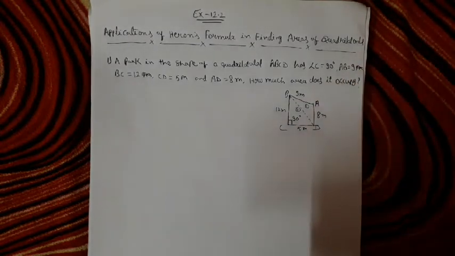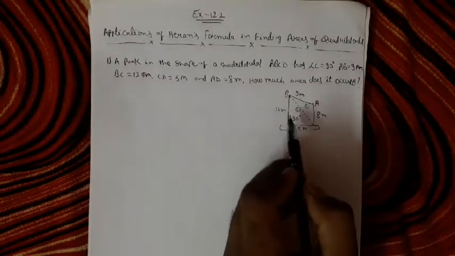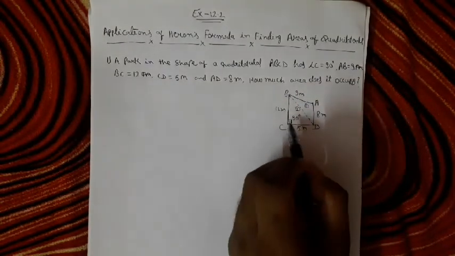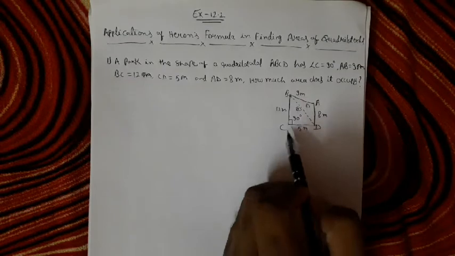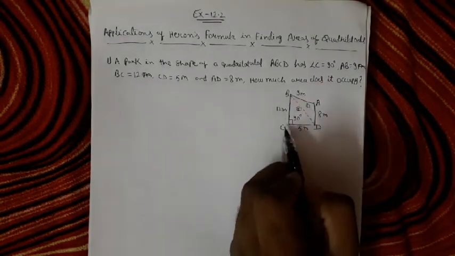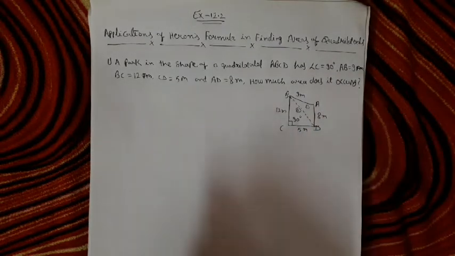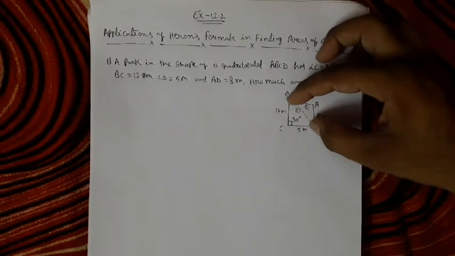But here, if I use Heron's formula, I need the measurement of three sides. If I take triangle BCD, in BCD I have CD as 5 and BC as 12, but I don't have the measurement of BD. For that, first I'll find BD.